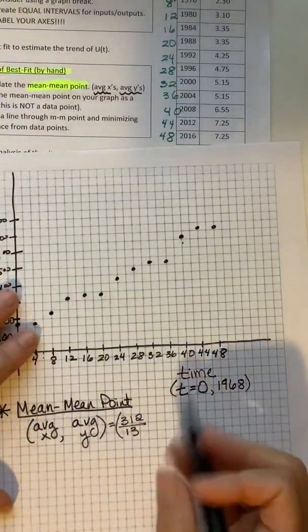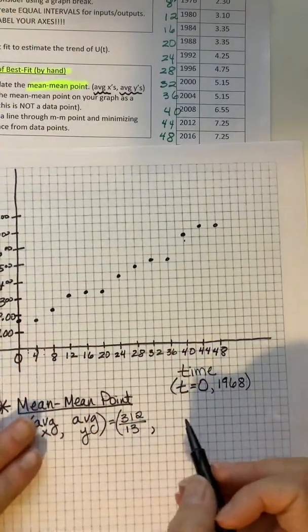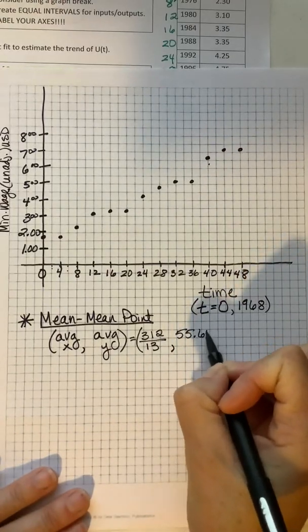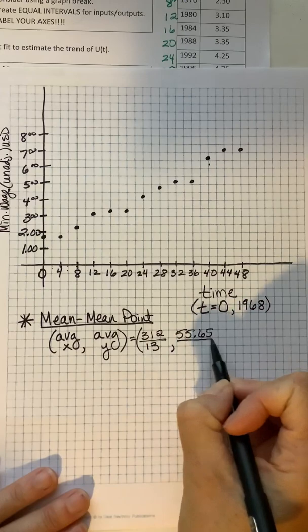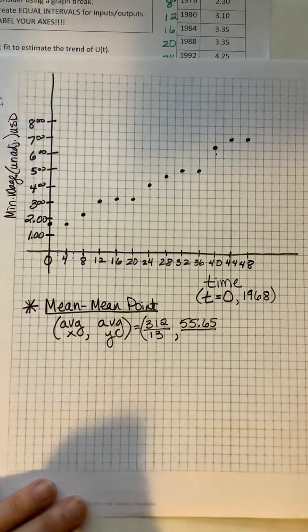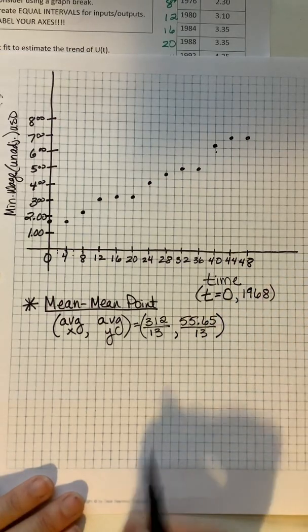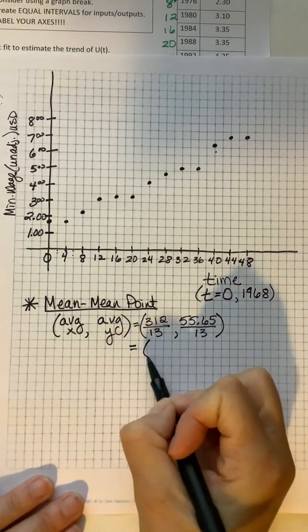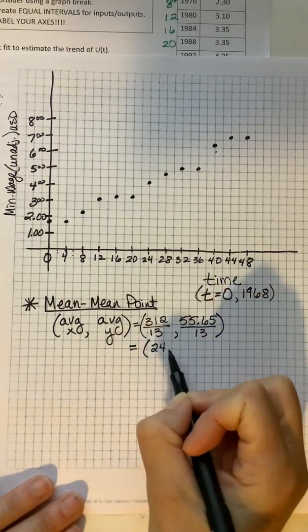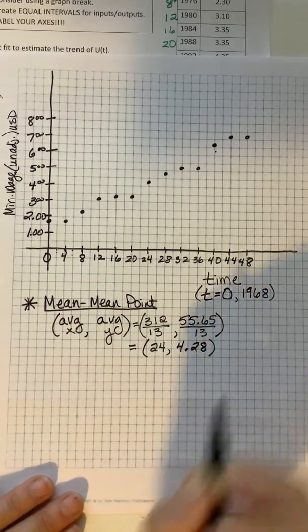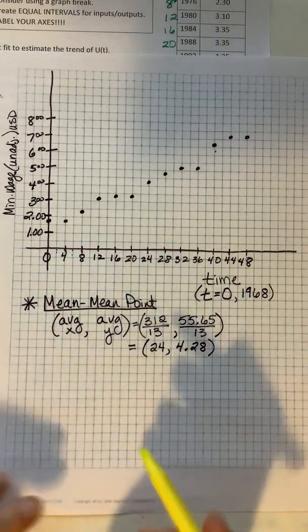If I do the same thing for the y values, I end up with a total of $55.65, which we know is not the average. That would be some pretty awesome minimum wage. And again, I'm going to divide it by 13 data points. So my mean point for this situation is 24th year, $4.28. And I did that ahead of time just to save you.